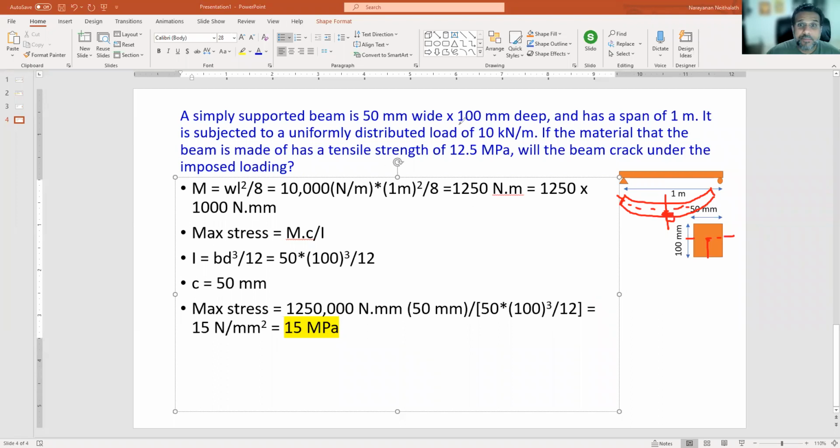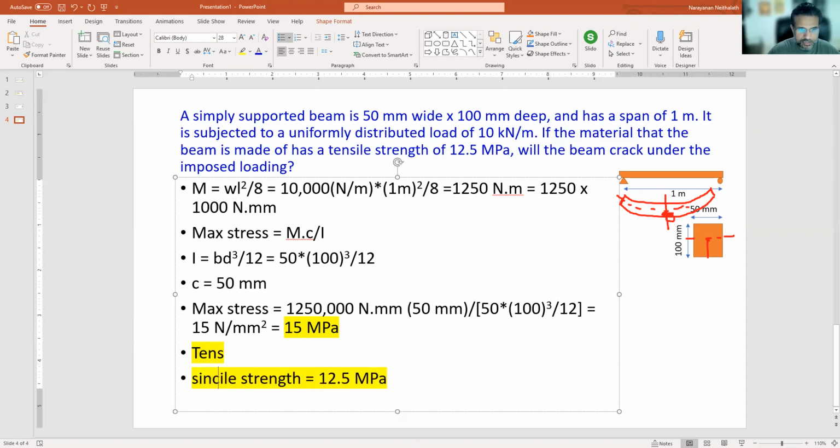Now, the beam has a tensile strength of 12.5, right? The beam can carry a maximum stress of 12.5 MPa. Whatever you have imposed is 15, which is greater than 12.5.